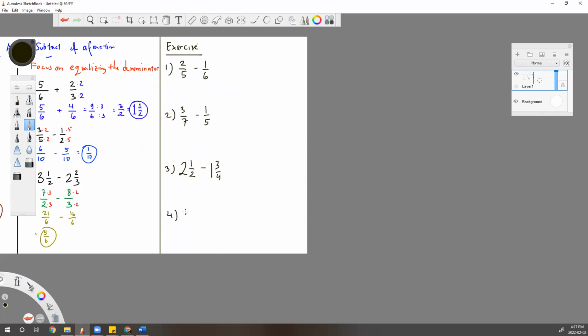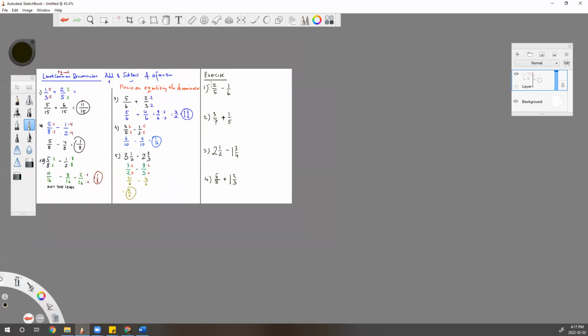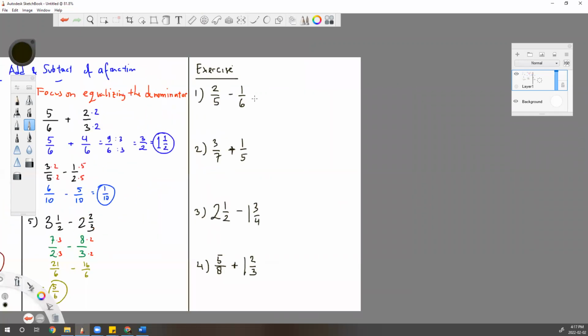Number 4, 5 over 8 plus 1 and 2 over 3. Oh, everything is minus, I just do plus here. Now you can do it. I'll give you about 10 minutes to solve this, and let me know whenever you are done. I will pause the recording and we will discuss it later.